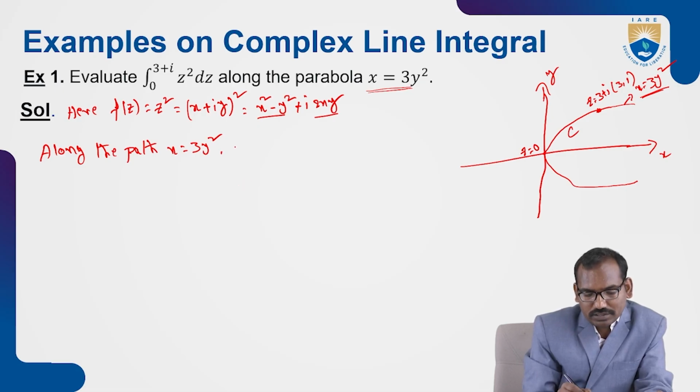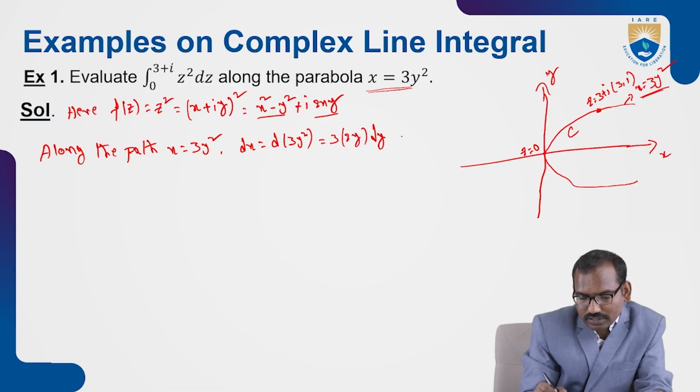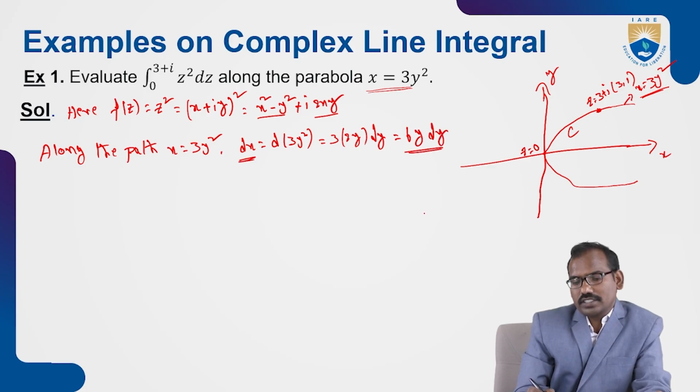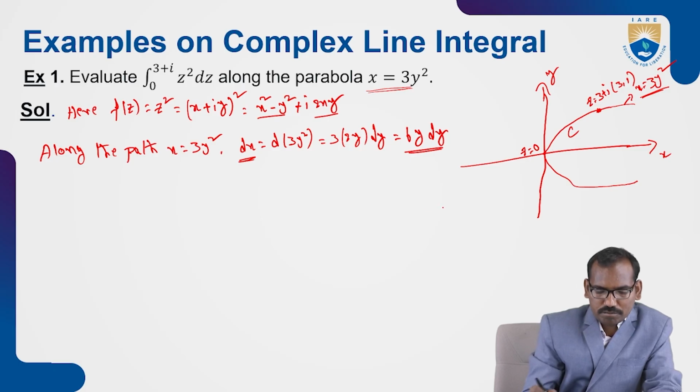So derivative of x is equal to derivative of 3y square, which becomes 3 times 2y dy. Nothing but 6y dy. You see, dx is 6y dy.